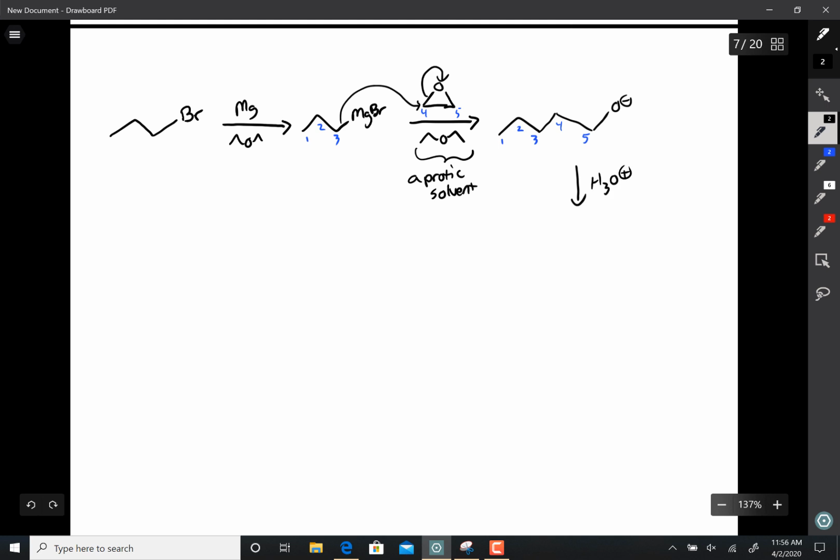Then we add H3O plus, and we get our alcohol. Okay. And organolithiums can do the same thing.